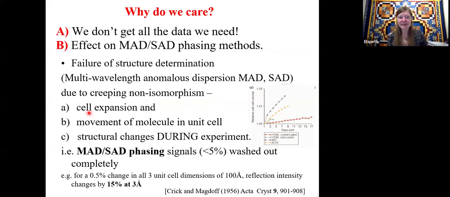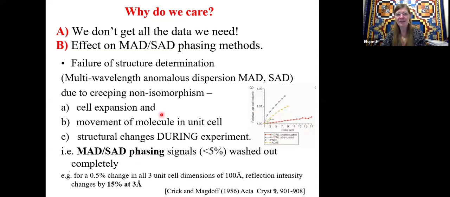The second is that if we are going to do a multi-wavelength anomalous dispersion experiment to get our phases, then we've got some things that are not the same at the end of the experiment as they were at the beginning. We've got this cell expansion, we've got the structural changes due to the breakage of the bonds, and something I didn't mention, which is that it appears that the cell is redefined by the data software, and it looks like the molecule is actually moving in the unit cell.